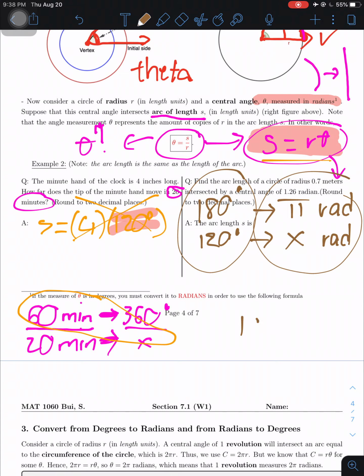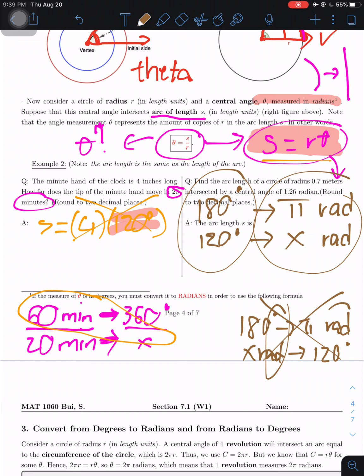Make sure you don't put 180 degrees in here, equivalent to pi radians, and then x radians in here and 120 degrees in here. This is wrong, okay? This is not acceptable because it doesn't go by any column at all, right? This is not a unique column of degrees or radians, and this is the same thing. This is not the same unique column of unit. Okay, so let me get this out of the way before you get it into your head.